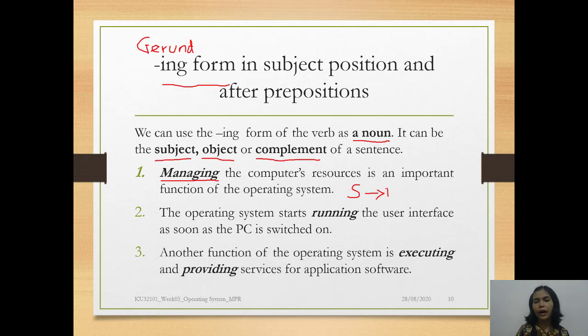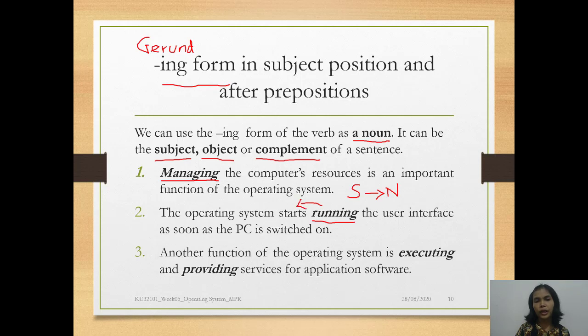Okay, now for the next one, number 2, the operating system starts running the user interface as soon as the PC is switched on. Now over here, running is used to complement the word start.